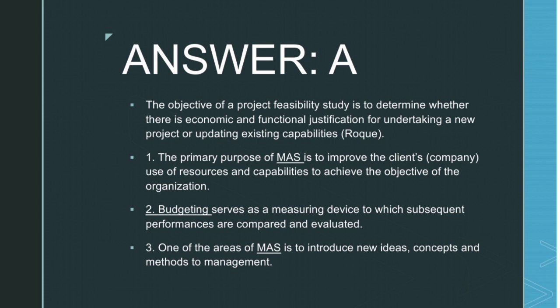First, letter B, it is not the feasibility study's purpose. Instead, it is the MAS purpose or Management Advisory Services to improve the client's use of its capabilities and resources to achieve the organization's objectives.